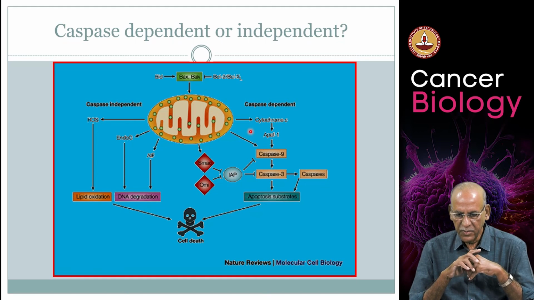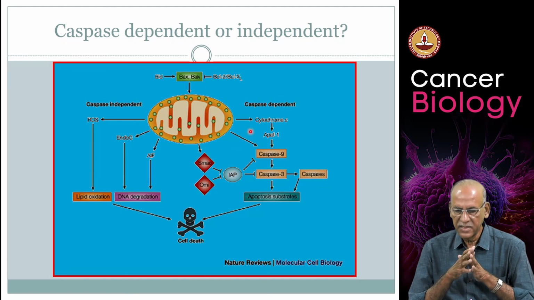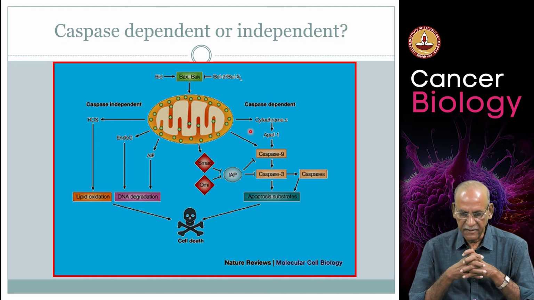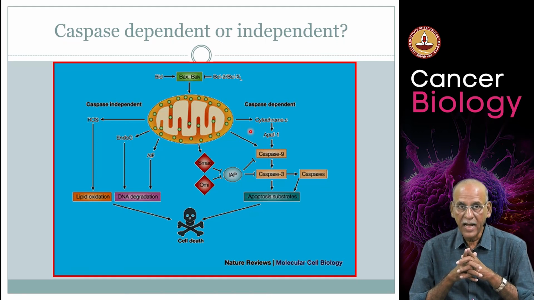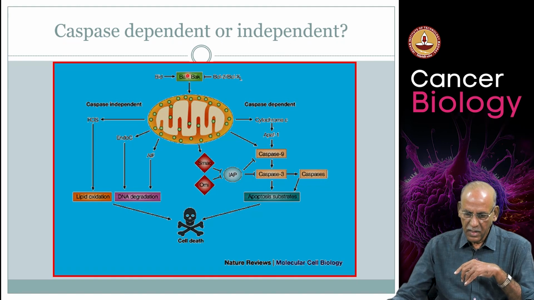Apart from that, what you need to know is that there is a whole set of BCL2 family of proteins which can act as pro-apoptotic factors as well as anti-apoptotic factors. Shortly, I will be discussing that. But a pair of proteins you must remember, Bax and Bak, form an oligomer which can act as a channel for these proteins to come out also.